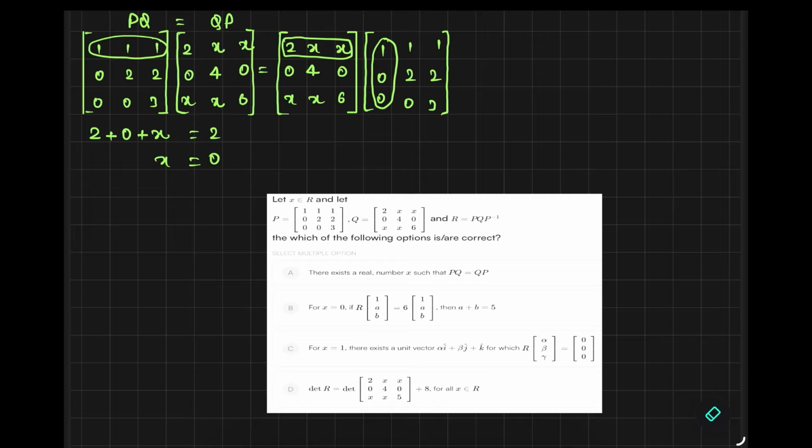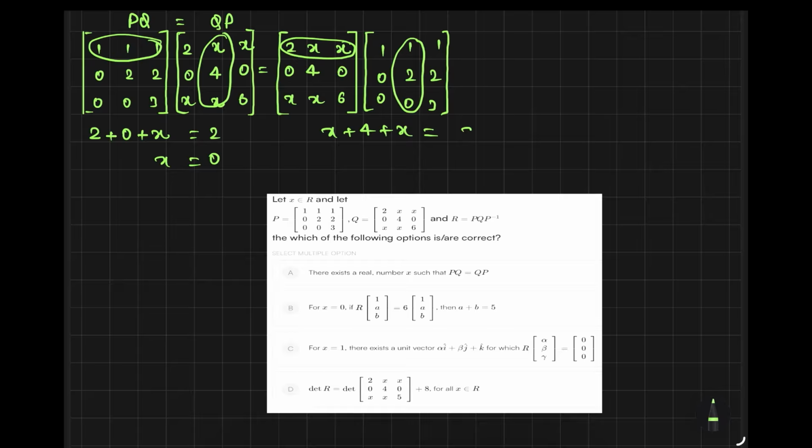This x equals 0 is okay. Now we will go with the second element. So for the first element, I'll go with this and this. Look at this. So you got x plus 4 plus x, and then you have to multiply this with this.